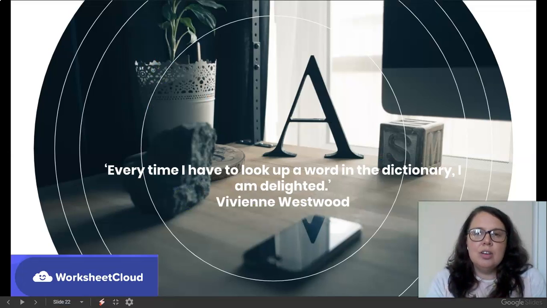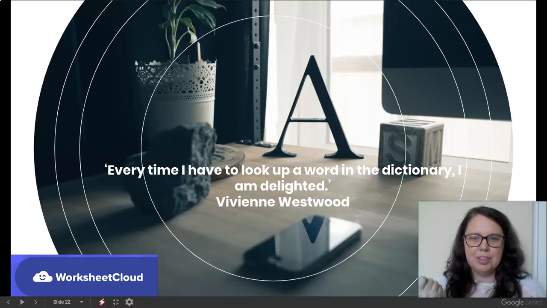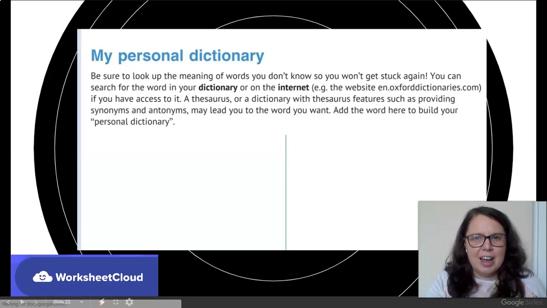Alright guys, so I know, like I've said to you, that dictionary skills is not something that you're going to get excited about. But have a look at this quote. Every time I have to look up a word in the dictionary, I am delighted. And you know why? Vivienne Westwood said this because every time she looks it up, she learns a new word. Try and challenge yourself. Learn a new word each day.